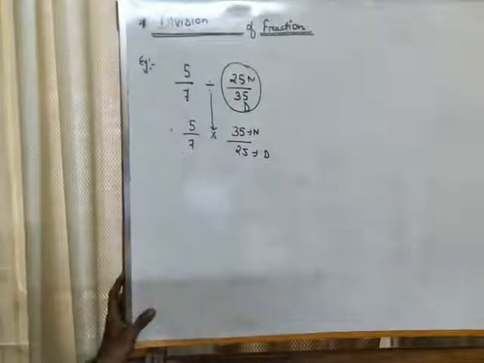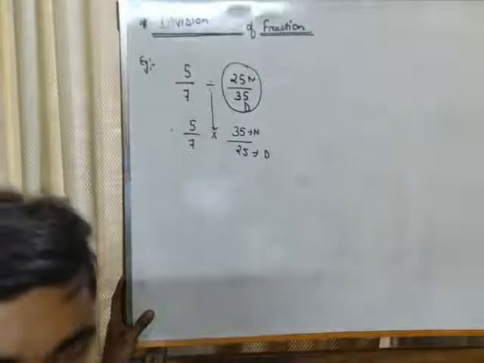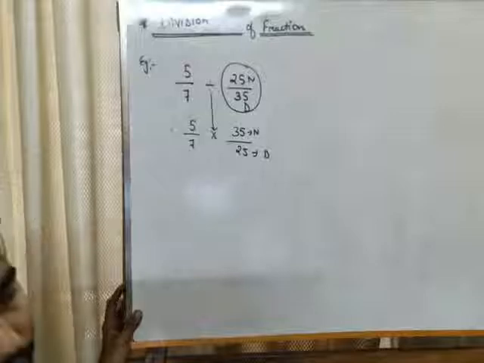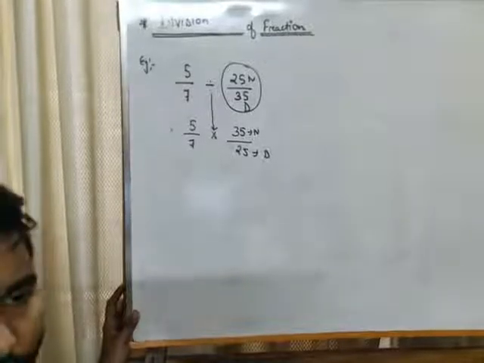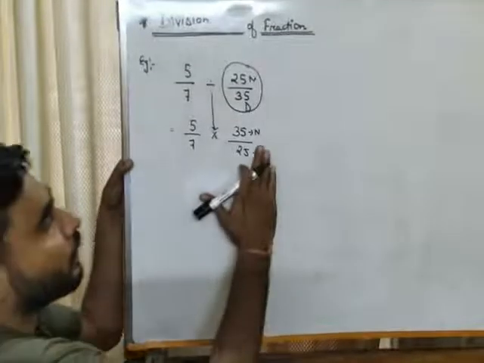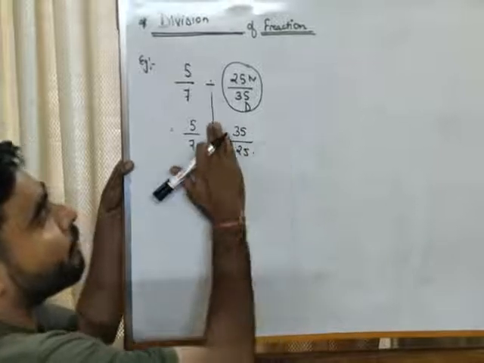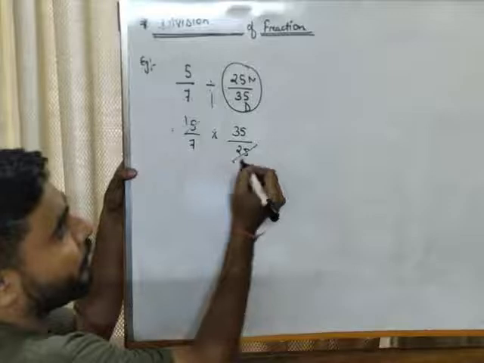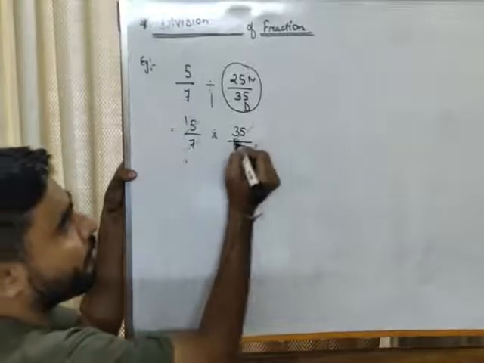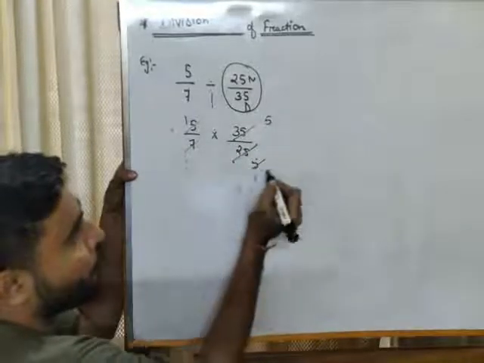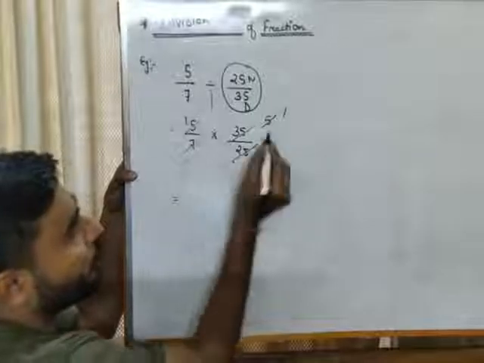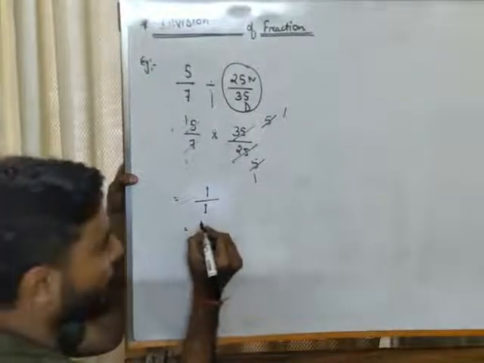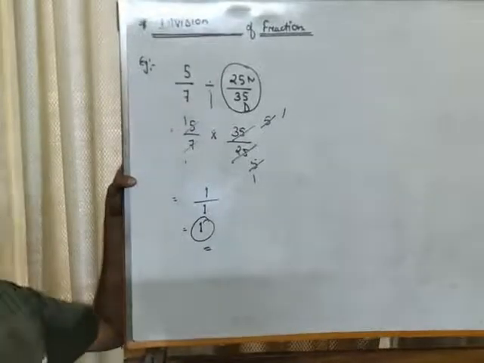Is it clear everyone? Now I told you how to multiply just before. 5 table of 25 is 5 times, 7 table of 7 is 5 times 35. 5 one time, 5 one time. So I got 1 into 1 is 1 and in the denominator 1 into 1 is 1. So overall I got the answer as 1.